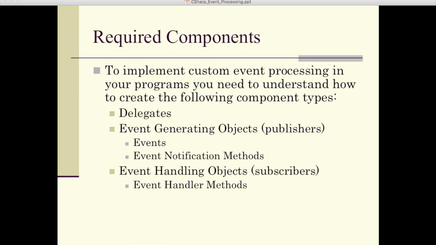So with your delegate types, you create event fields or events. And then you have to create event notifications in those event generating objects. And then you have to have event handling objects. So your event generating objects are your publishers, and your event handling objects are your subscribers, okay? And you have to understand how to create event handling methods.